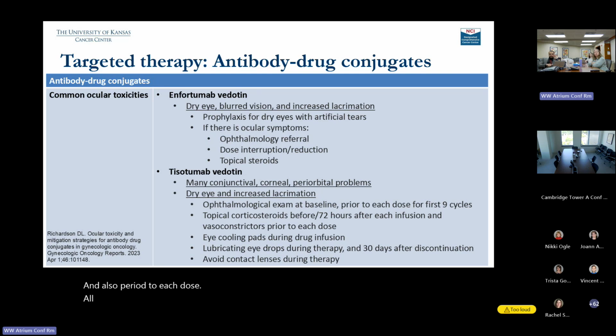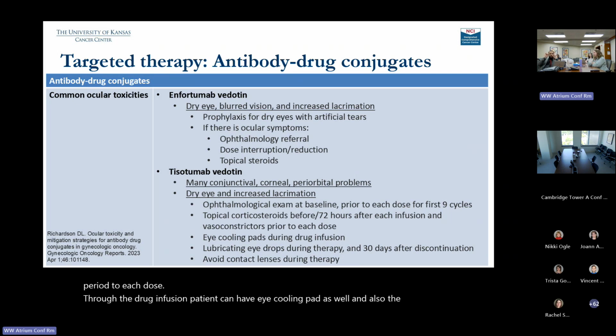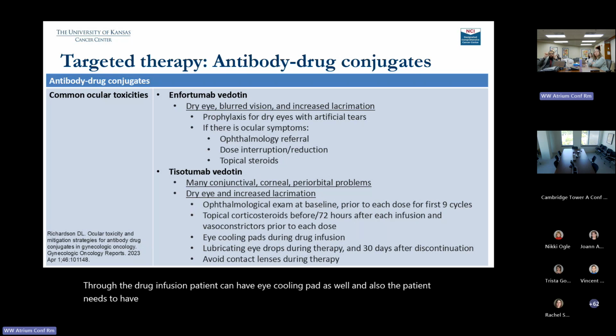All of the patients need to receive topical steroid and vasoconstrictor eye drops as well, prior to each dose. Through the drug infusion, the patient can have an eye cooling pad as well. And the patient needs to have eye lubrication during the therapy and also 30 days after discontinuing the medication.